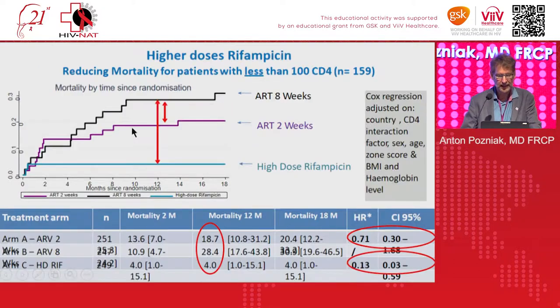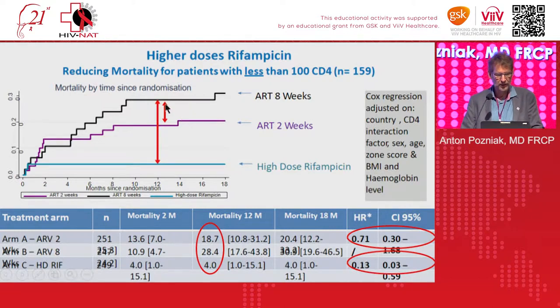And you can see here that actually there's been a clinical trial. And they looked at patients with less than 100 CD4 counts, who are HIV positive. And first of all, they did show that the mortality, if you wait for 8 weeks with less than 100 CD4, was much higher than if you gave antiretrovirals straight away. Exactly the same as all the other clinical trials.